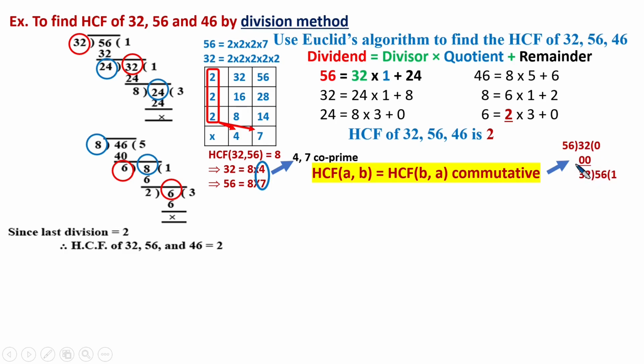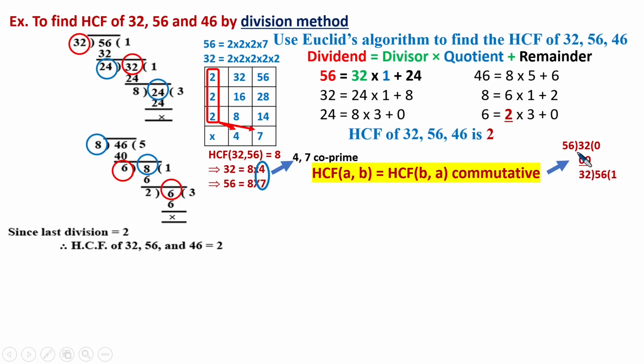So you bring 32 here and you bring this 56 here. It has flipped, so now I can again do this division method. If I start with 56, 32, I will get 32, 56 here. That is 56 divided by 32, so 32 divided by 56, I can bring it to this form.